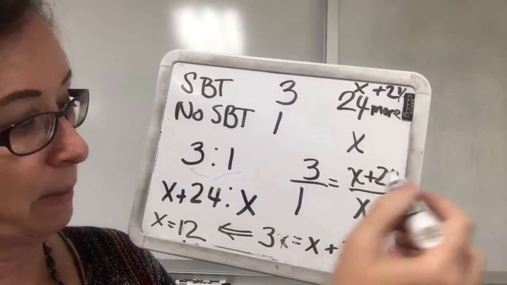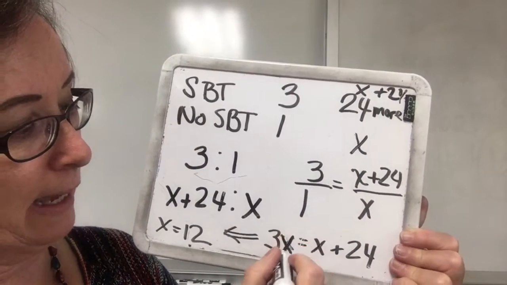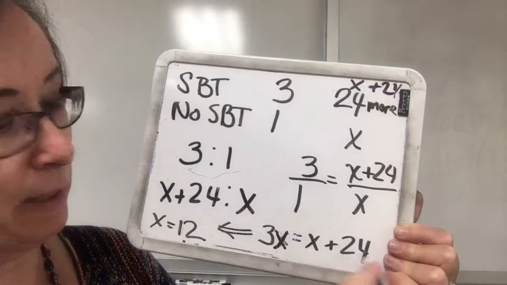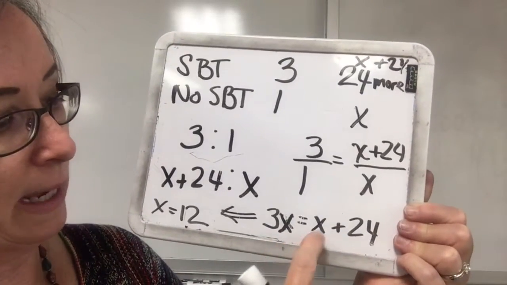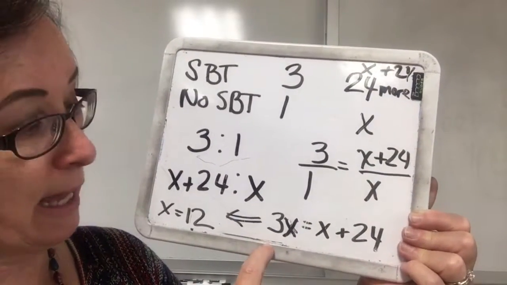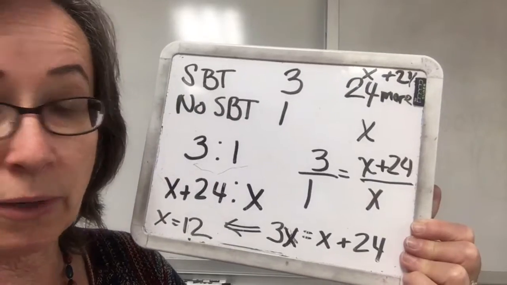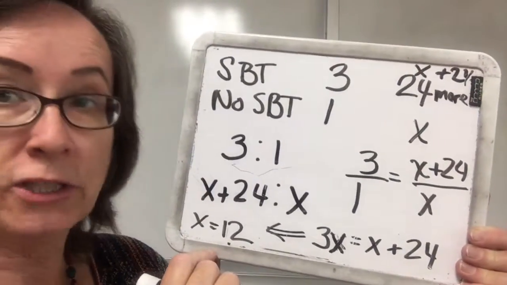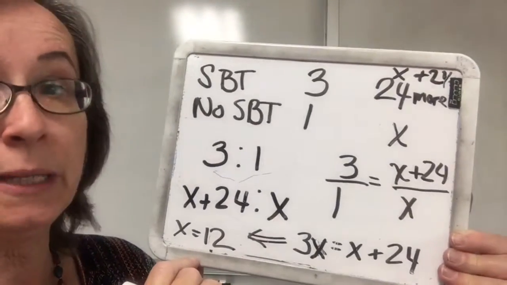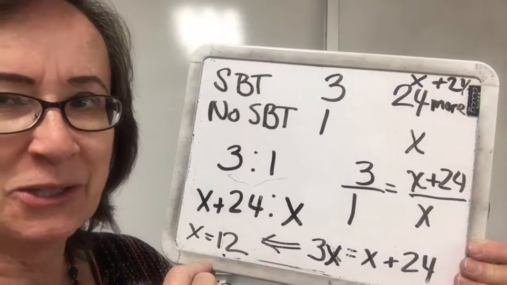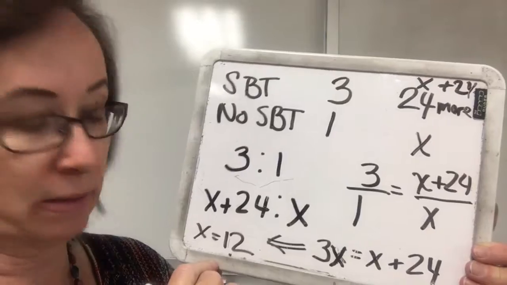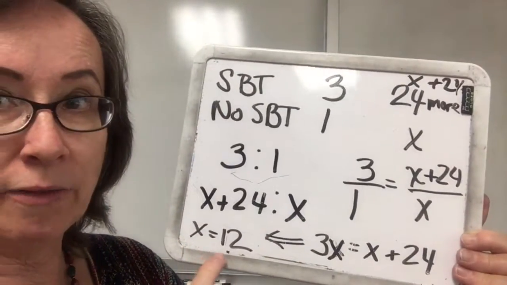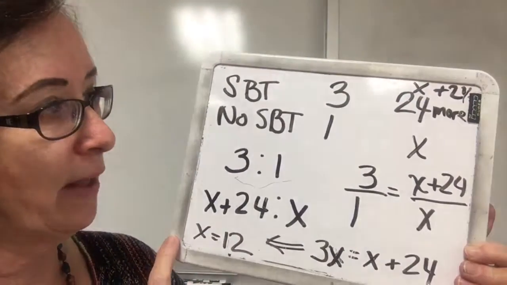So I cross multiply, and I get 3x is x plus 24. When I subtract an x from both sides, I get 2x is 24, which means that x must be 12. But the question was how many men took the spring break trip. So 12 is the number that did not.